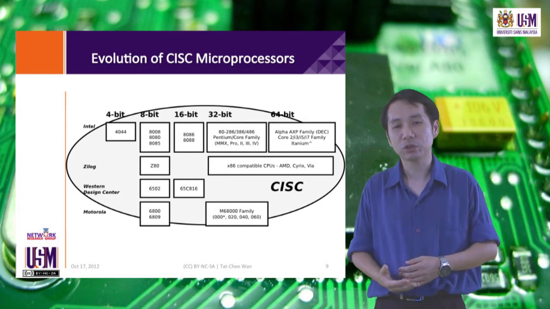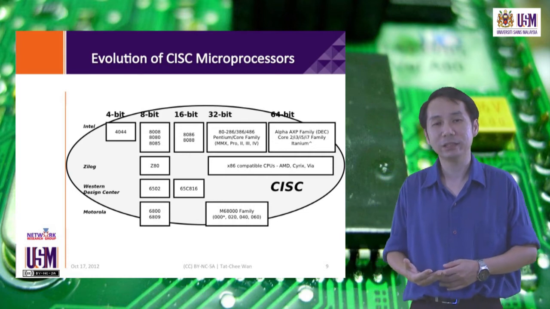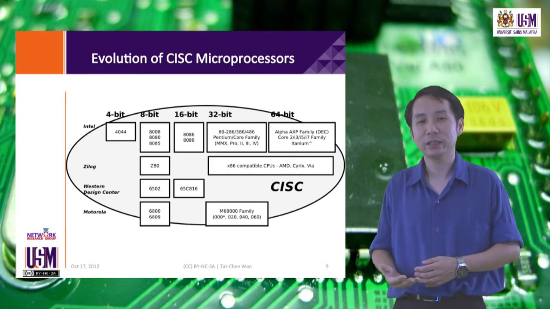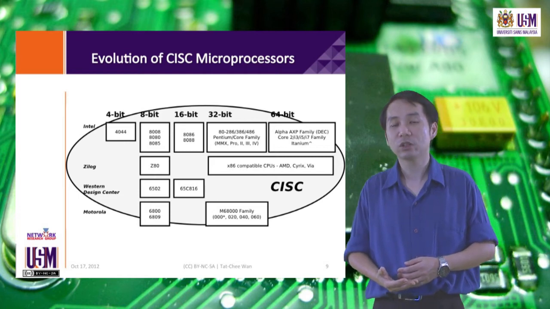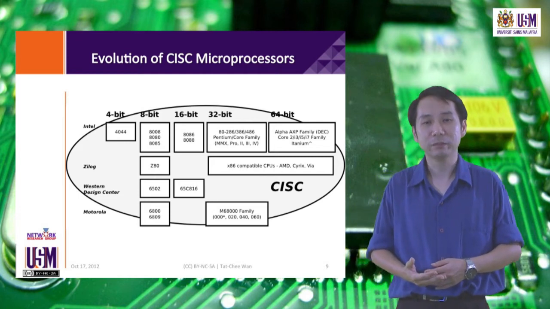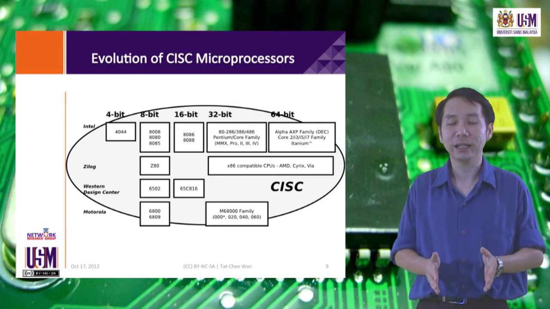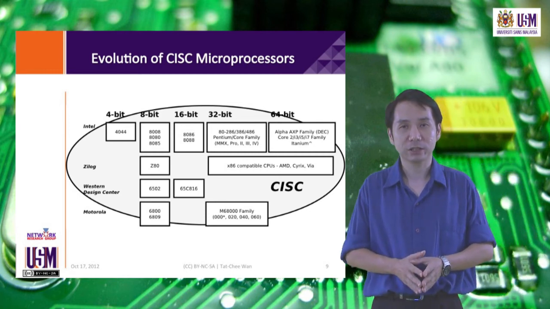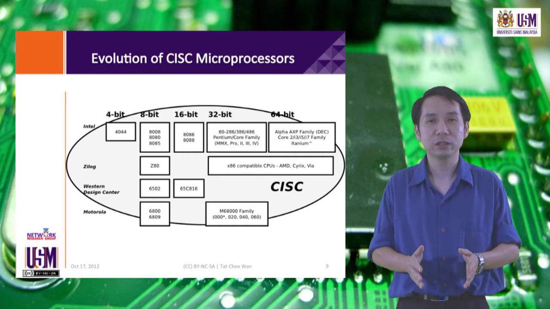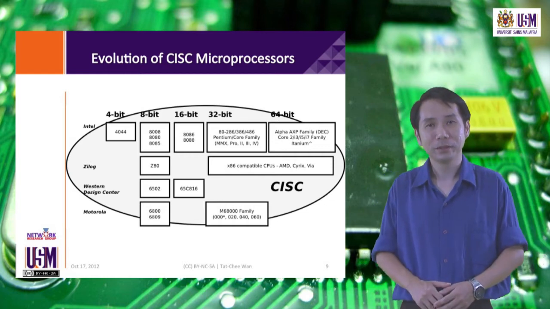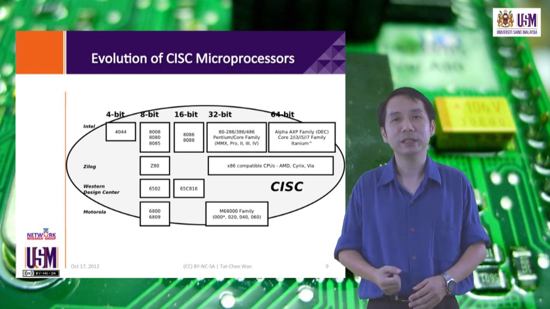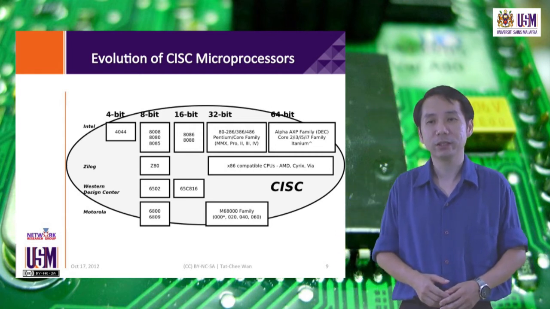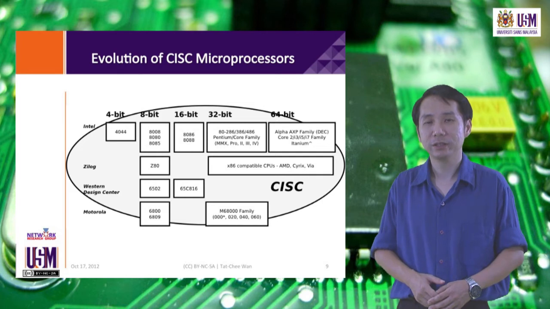At the same time, Motorola also had some 6800 and 6809 processors, as well as the Z80 from Zilog. Now, these processors are no longer in common use today, but they defined an era in microprocessor and personal computer history. Today, most of the CISC processors are typically 32-bit in size or greater, depending on the application as well as their use.